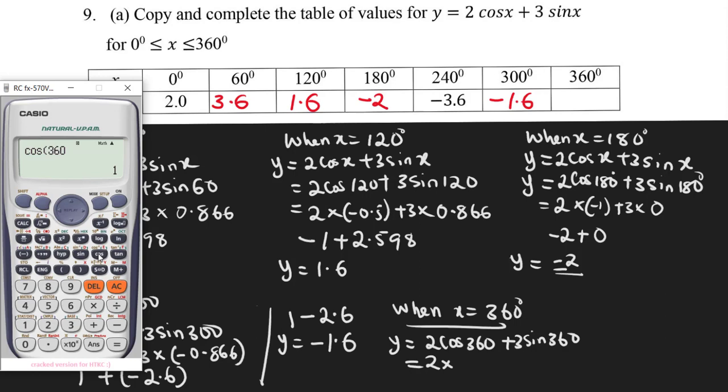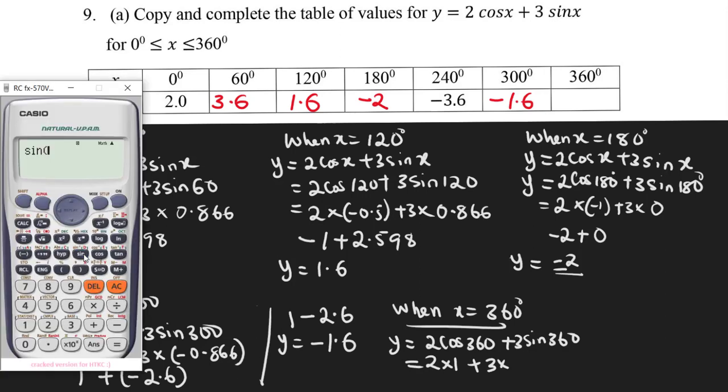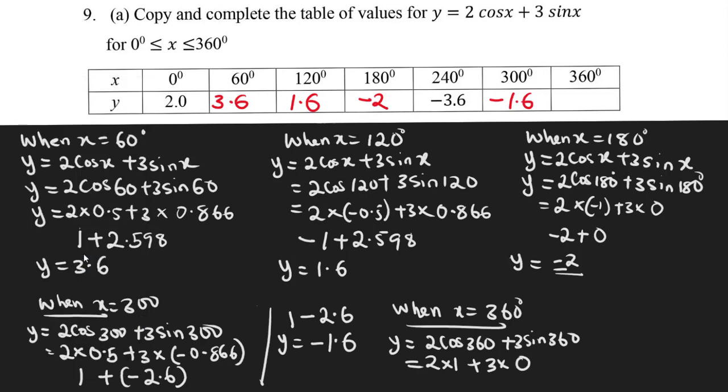It is 1, plus 3 times sine 360, which is 0. So 2 times 1 is 2 plus 0, because 3 times 0 is 0. Of course, we know that our y now will be equal to 2, so we'll put 2. So that is it for the calculation.